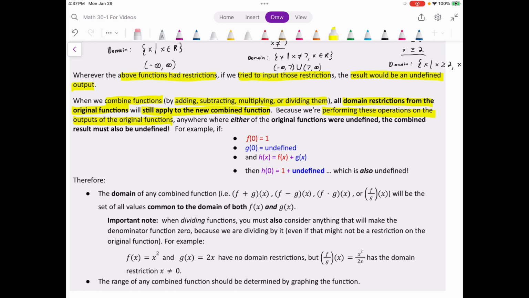Which means if either of them is undefined, well, you can't add 1 to something undefined, right? Or divide something undefined by 2. That doesn't make sense. It's still undefined. Okay, so anywhere where either of the original functions were undefined, our combined result is also going to be undefined.